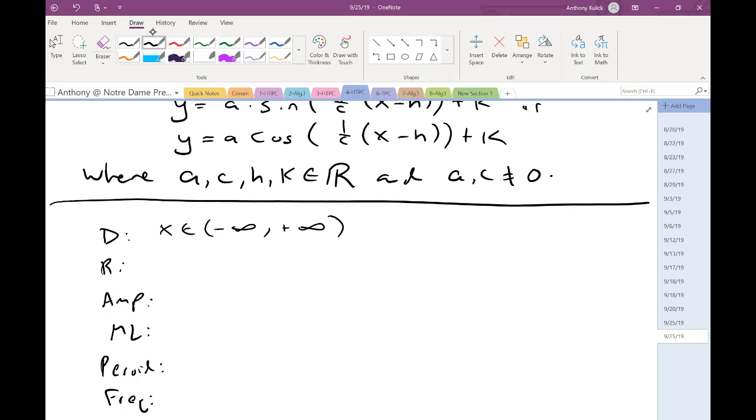So you remember our transformation map? The x or c times x plus h comma a times y plus k. If I do a times y plus k to my previous range, that's going to give me my new range. Almost.